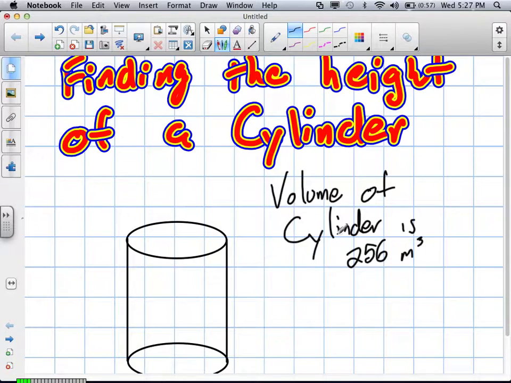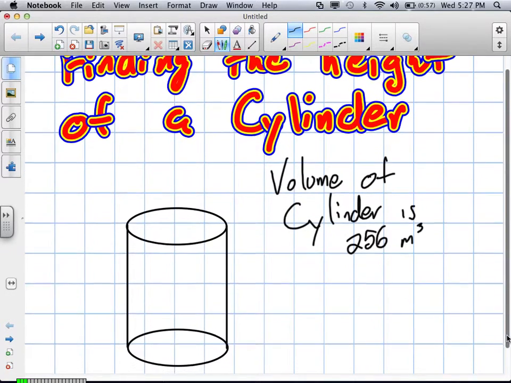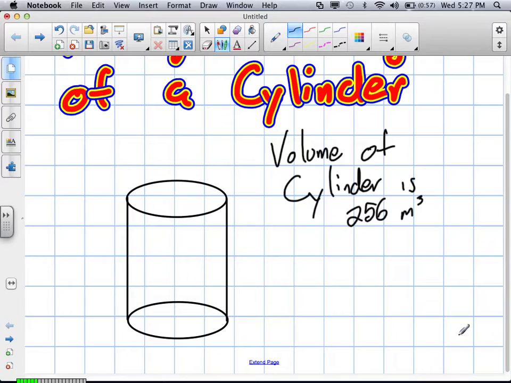Now, before we go any farther, let's talk about what the formula is for the volume of a cylinder. Do you know what the formula is? I think it is pi r squared. No, 2 pi r squared. Which one's right?